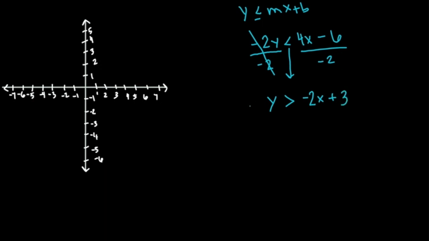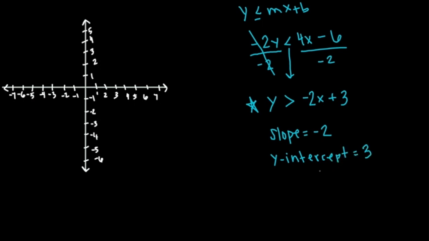So now we have our inequality that we can graph: y is greater than negative 2x plus 3, where our slope is negative 2 and our y-intercept is a positive 3.